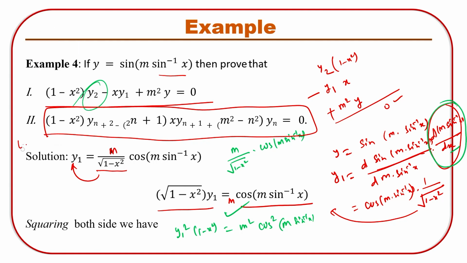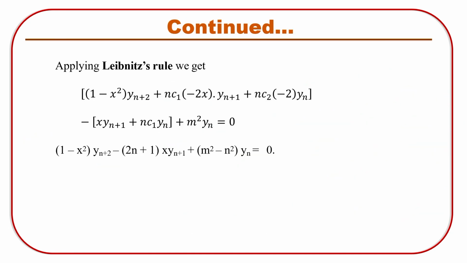So, we are going to use the Leibniz rule. What was the Leibniz rule? (uv)n is equal to un v plus nC1 un minus 1 v1, and so on, right. So, it will come out to u into vn here.